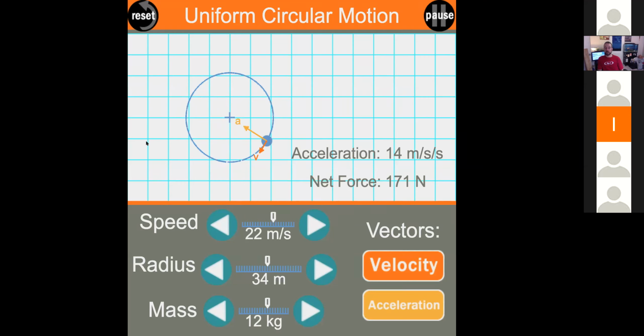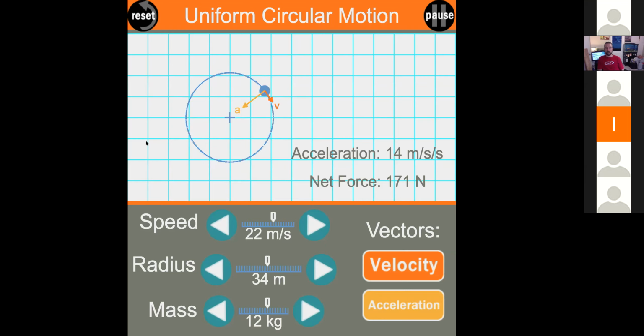The location of the net force, I should say. Right, middle of the circle. That plus in the middle of the circle represents the location of the net force.